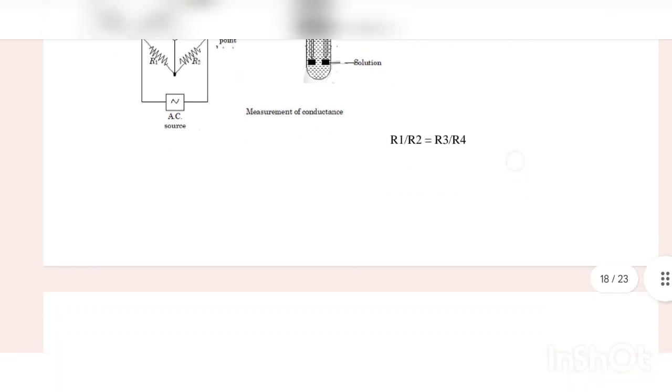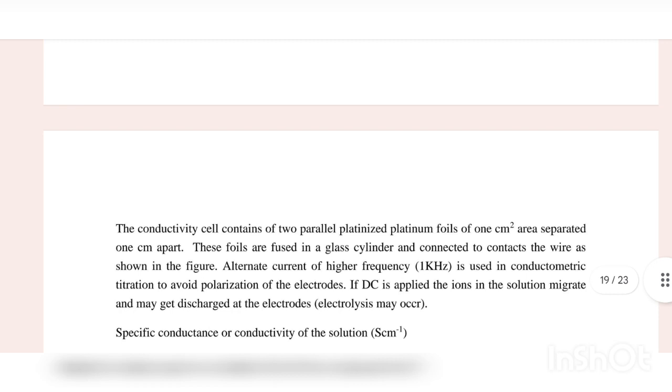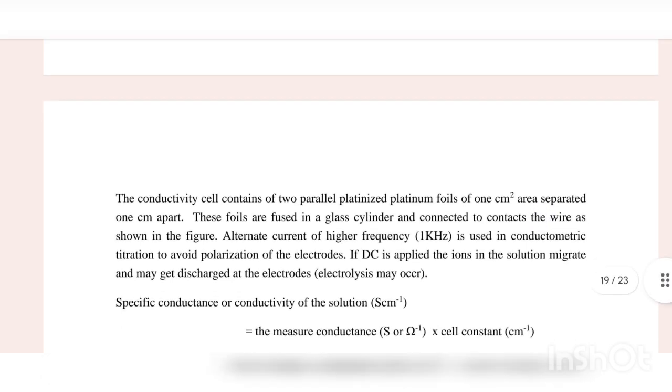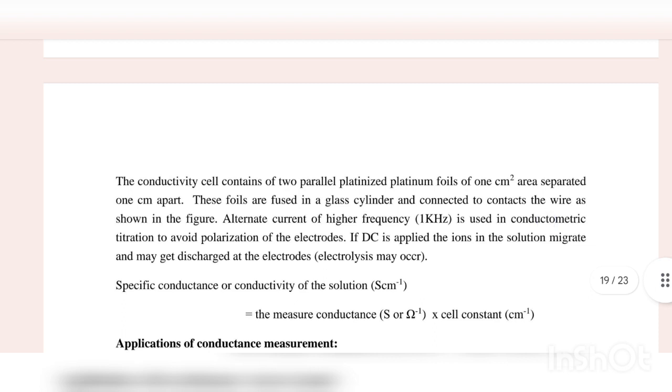Okay. Then what are the components of a conductivity cell? The conductivity cell contains two parallel platinized platinum foils. Each has an area of 1 centimeter square and they are separated by 1 centimeter distance. These foils are fused in a glass cylinder and connected to contacts with an external wire.